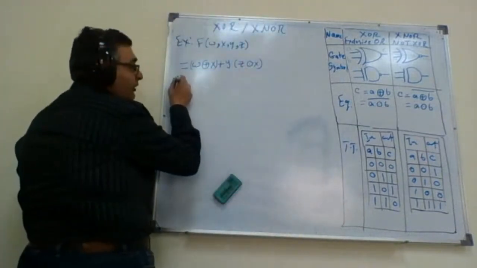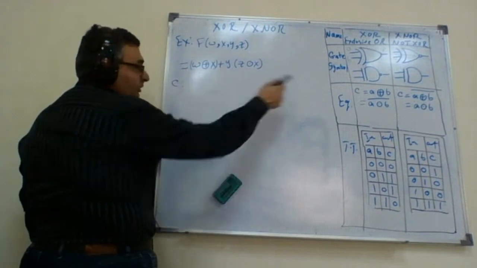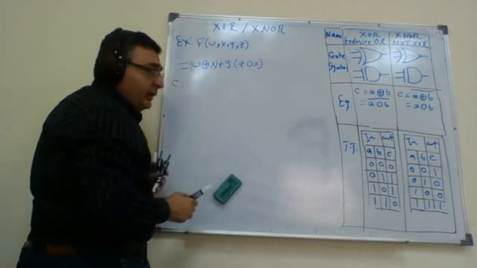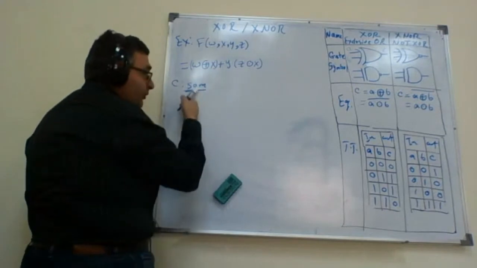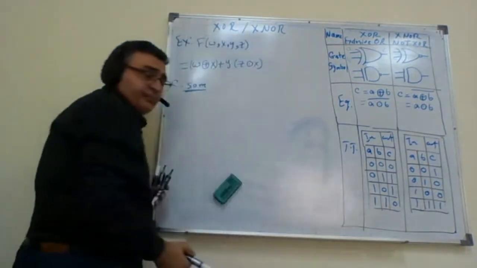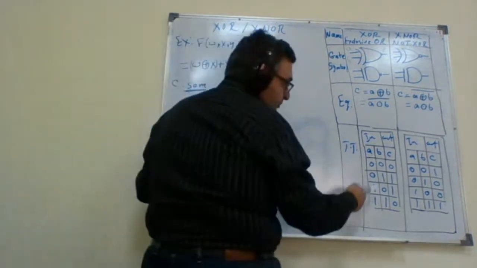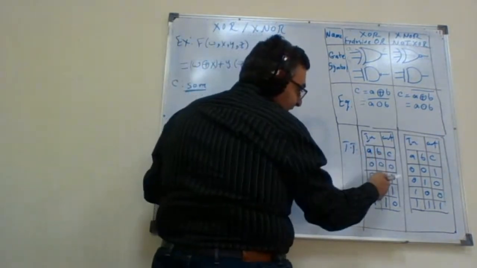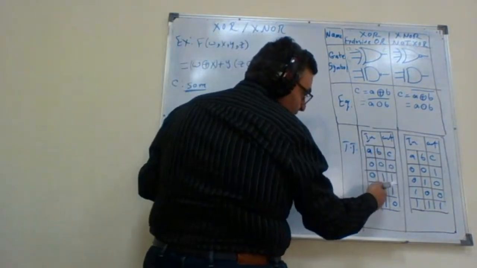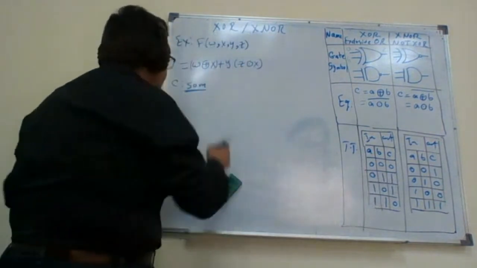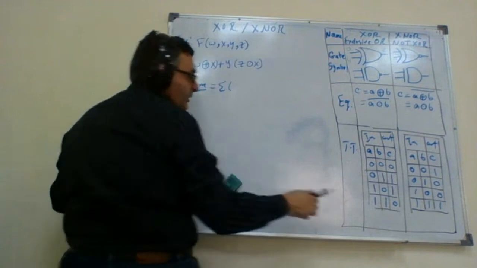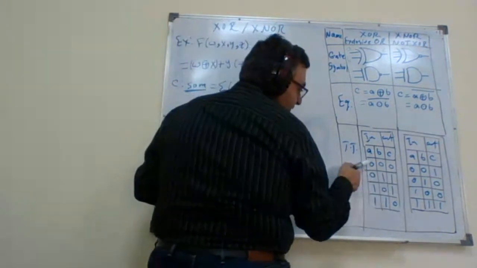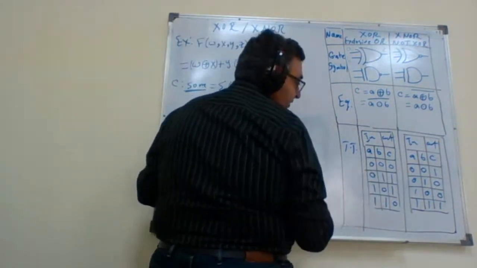So for the function C, I can write C as a sum of min terms from its truth table. The truth table tells me that this function C has two min terms, two locations of ones. So C can be written as a sum of the min terms, definitely using the designators.